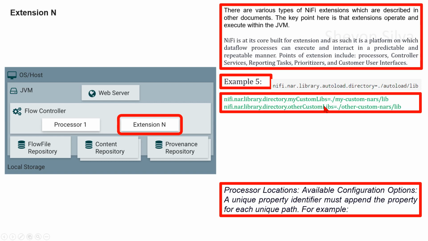A unique property identifier must be appended to the property for each unique path. For example, here nifi.nar.library.autoload.directory is used by the autoload feature, where NiFi can automatically load new processors added to the configured path without requiring a restart, for example here.